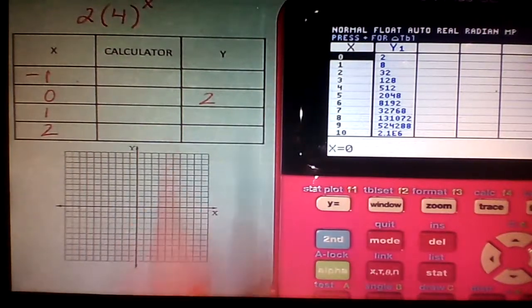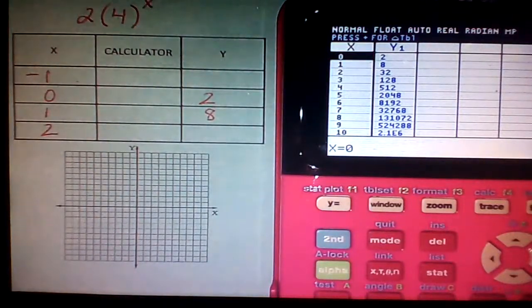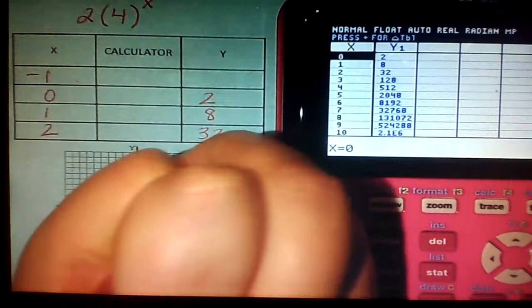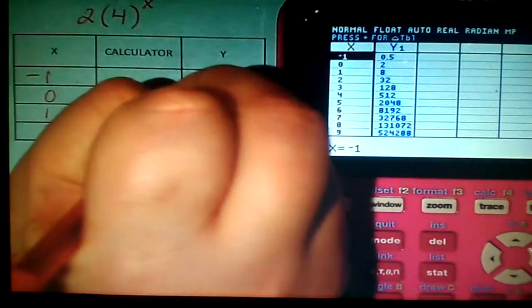When x is 1, y is 8. When x is 2, y is 32. How do I get when x is -1? Use your little arrow key and scroll up. So when x is -1, my y is 0.5.